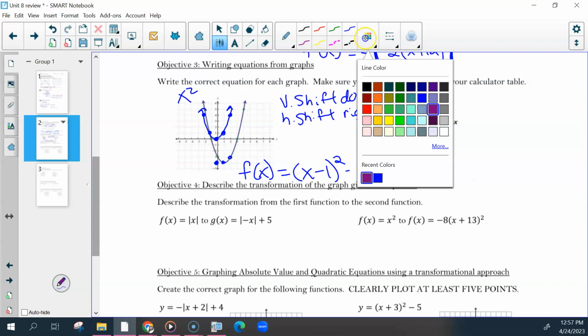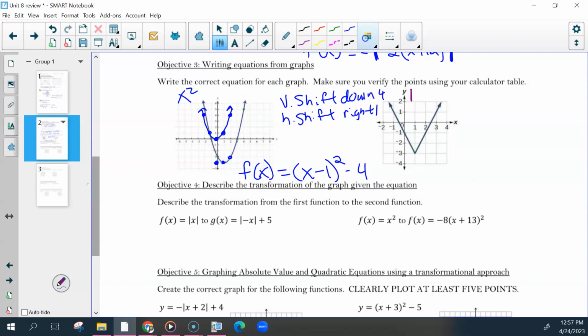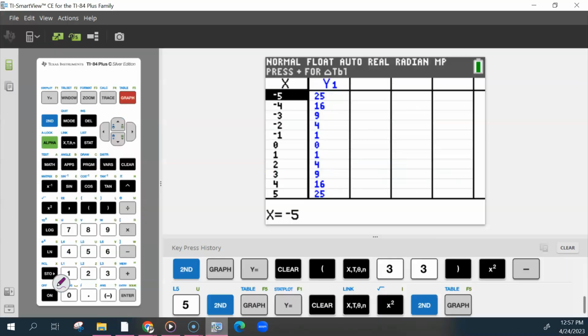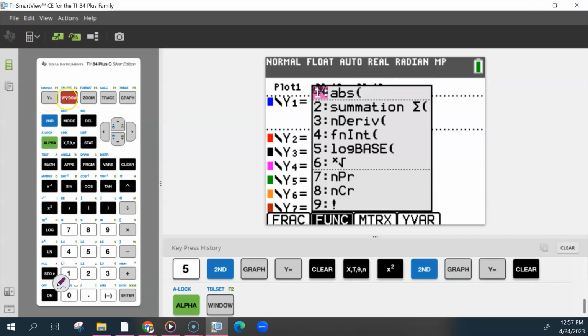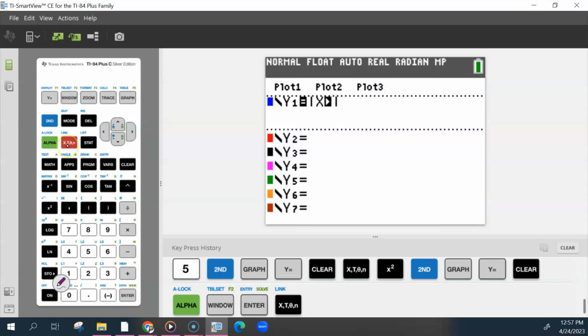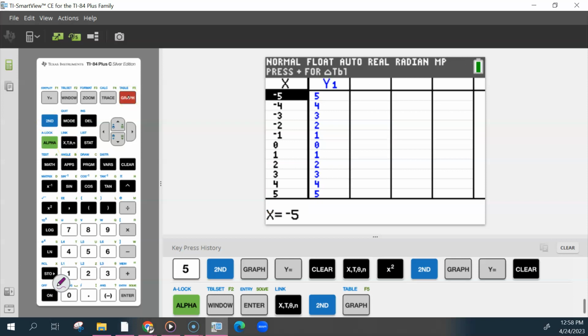Right, so then for this other one, since it's a V, it has to be your absolute value. You could do the same thing if you don't know what your parent function is, put it into y equals, which is alpha window, and go to your table and look at the points.